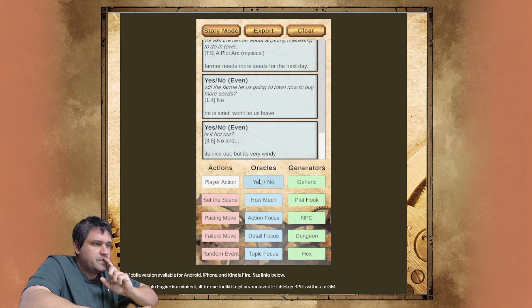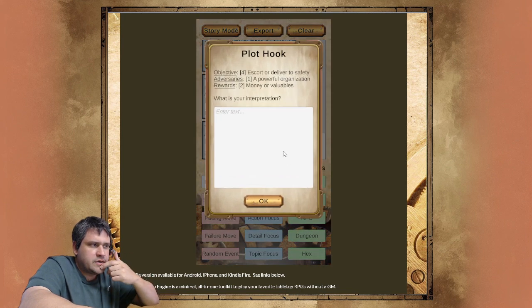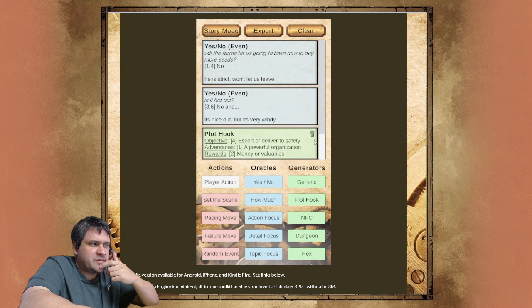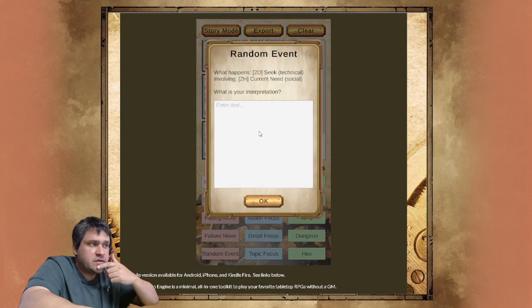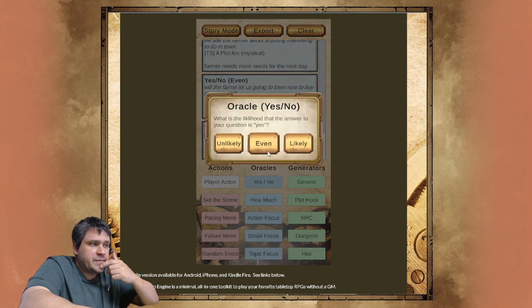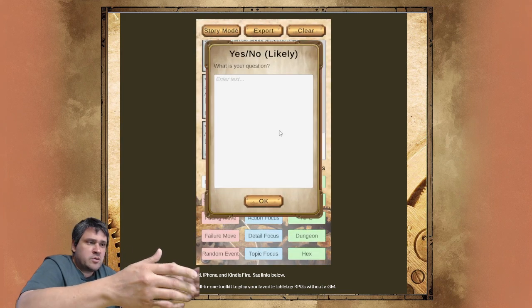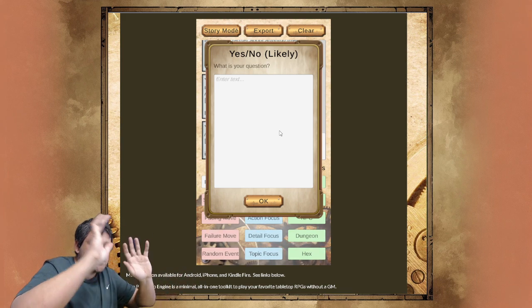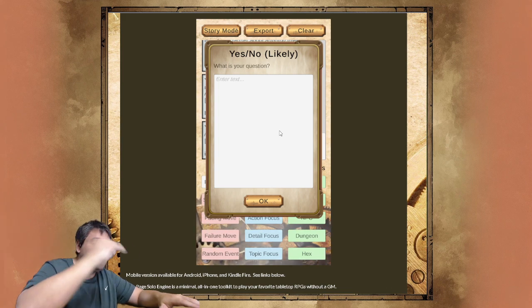I think this might be either yes or no or plot hook. I have an idea for what to do in this part, but let's try plot hook. Actually, that might not be necessary. An event maybe? Currently, no. Is the wind likely, maybe because we're a teenager, to get really gusty and blow us off the cliff?